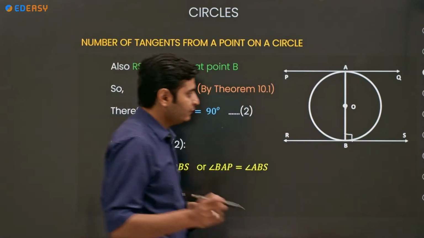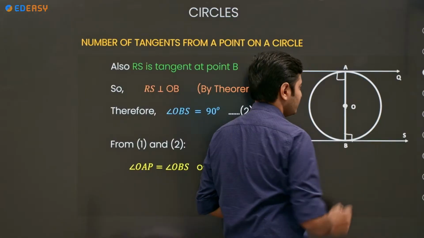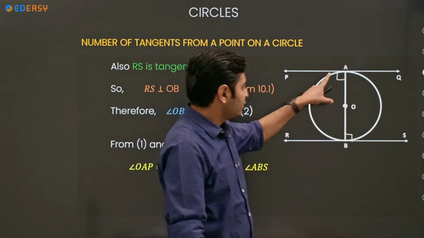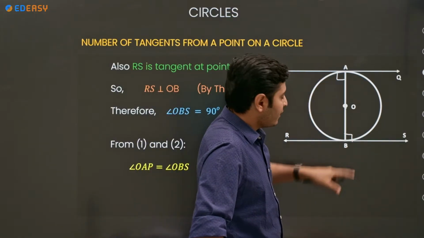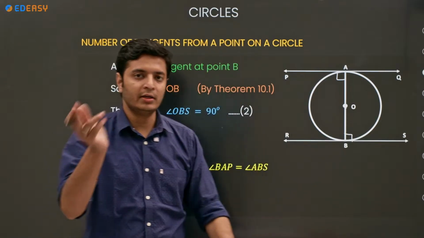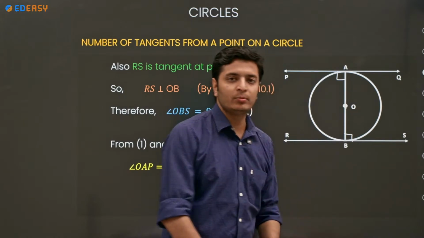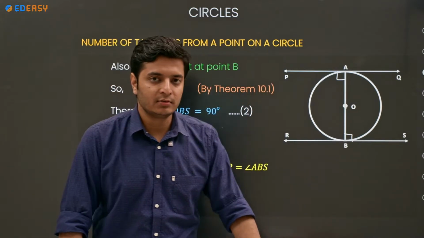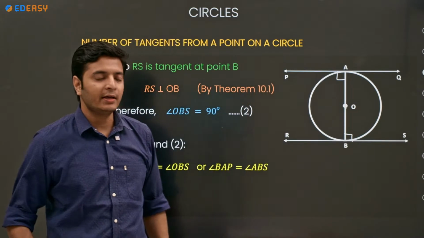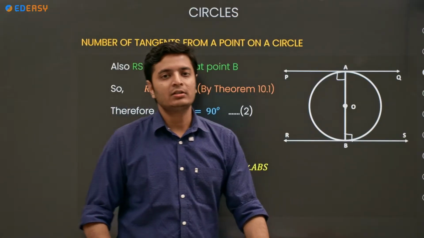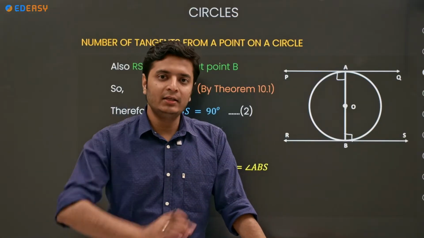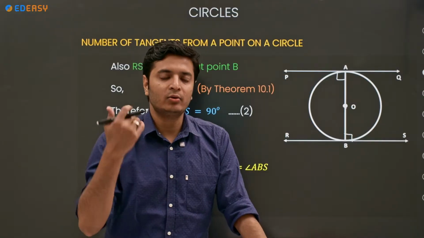Now, if you look carefully at these two angles, look at the position. These two angles are at alternate positions with respect to this transversal. Correct? Consider this AB to be the transversal. Because what is a transversal? A transversal is a line or line segment which meets any two lines or line segments at two distinct points.